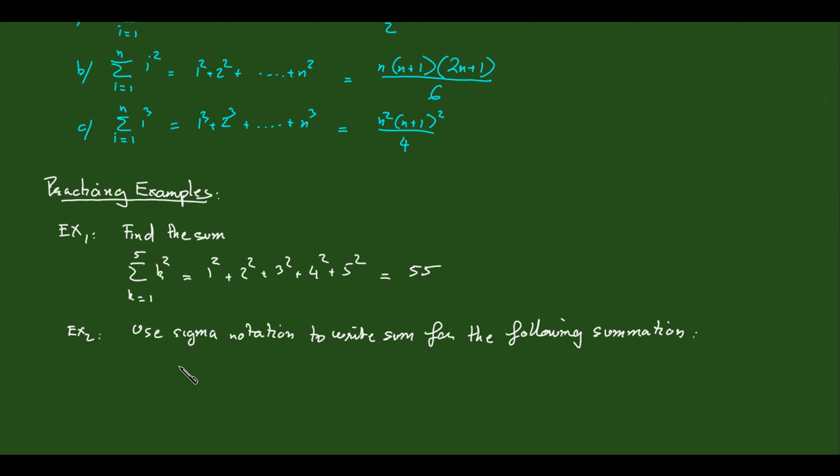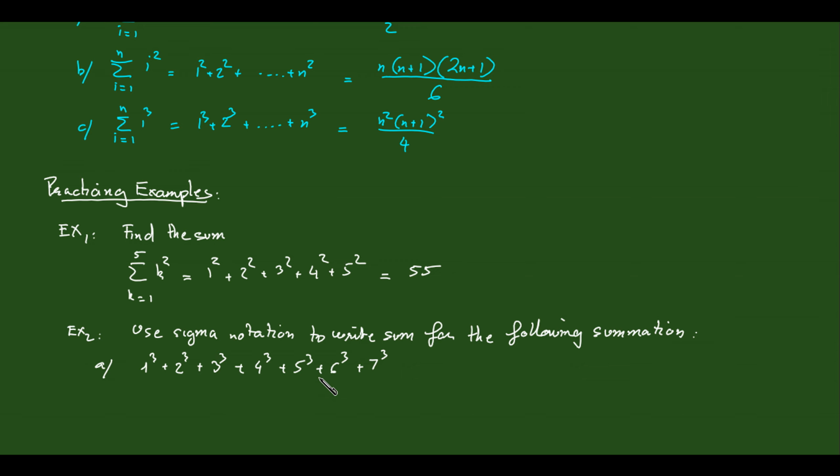So I have the sum of how many terms? 1, 2, 3, 4, 5, 6, 7. So the first part is 1 cubed plus 2 cubed plus 3 cubed plus 4 cubed plus 5 cubed plus 6 cubed plus 7 cubed.